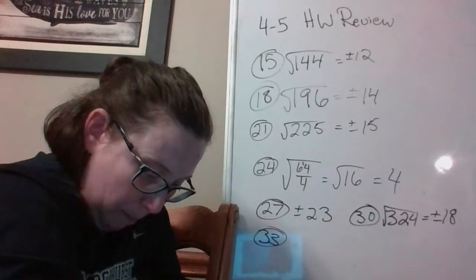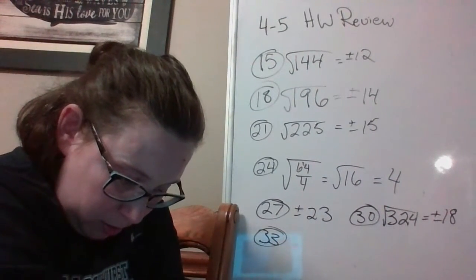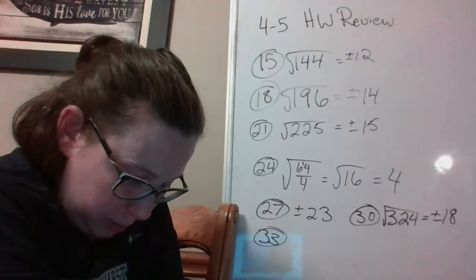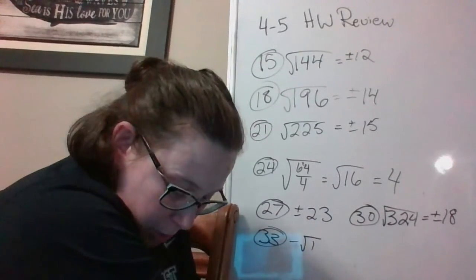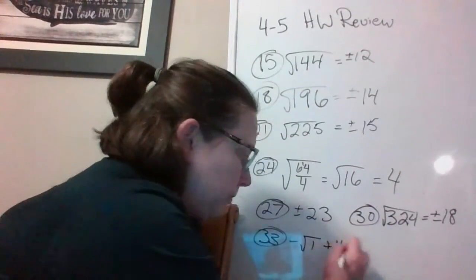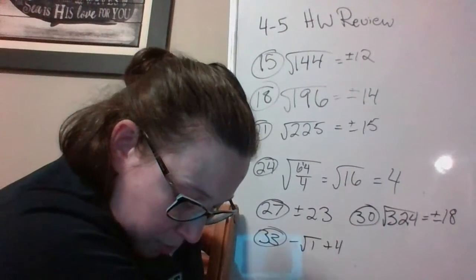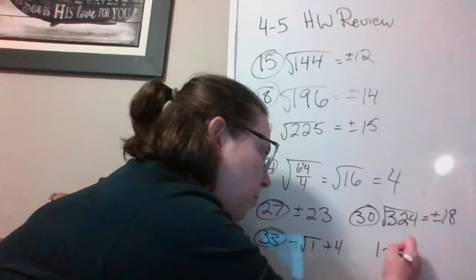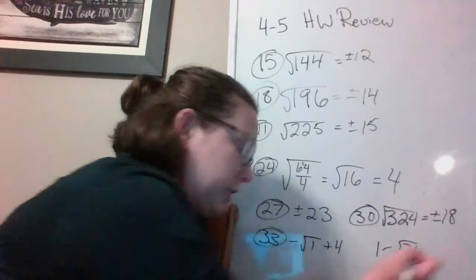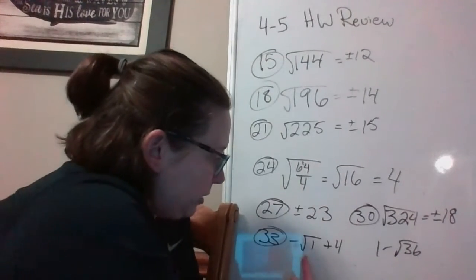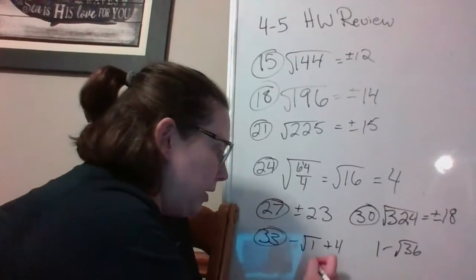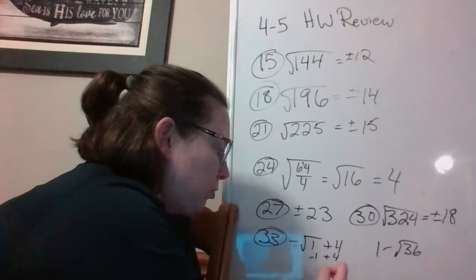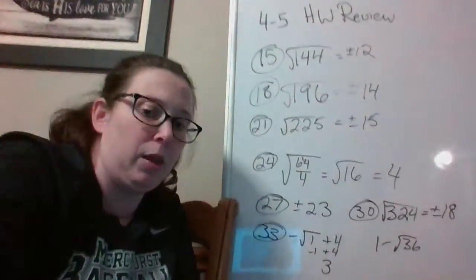you were asked to compare two expressions. So we have the negative of the square root of 1 plus 4, and we have 1 minus the square root of 36. So in this case, they want the negative version of the square root of 1, which would be negative 1 plus 4, so we'd have 3.